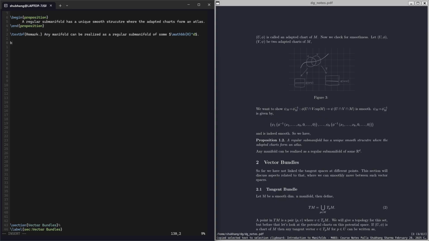Okay, so examples include, first example, that M is an n-manifold and U is an open subset of M. Then U is a regular submanifold of dimension n.